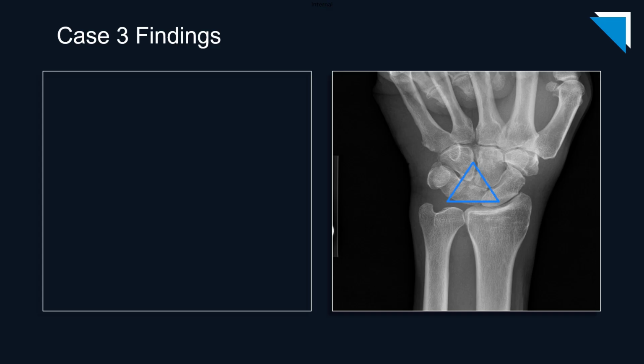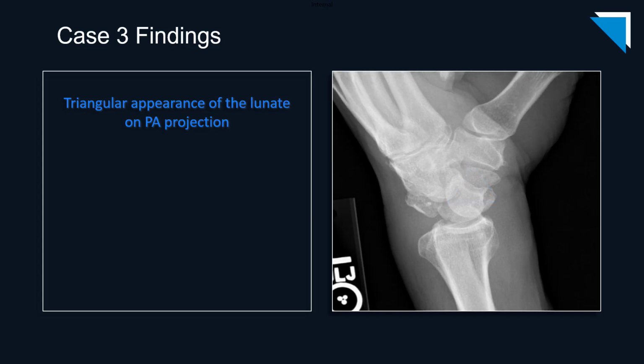In this case, the lunate has an abnormal triangular appearance on the PA radiograph. The findings, in my opinion, are a bit more conspicuous on the lateral view.